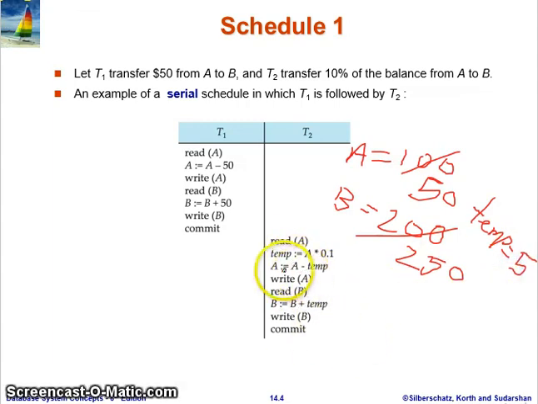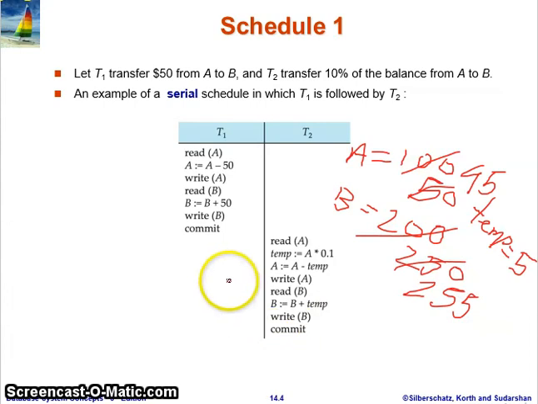Then it will deduct A minus temp. A value is 50, temp value is 5. It will write 45. Write 45. Read B. The current value of B is 250 and B plus temp. What is the value of temp? It is 5. Then it will write 255.